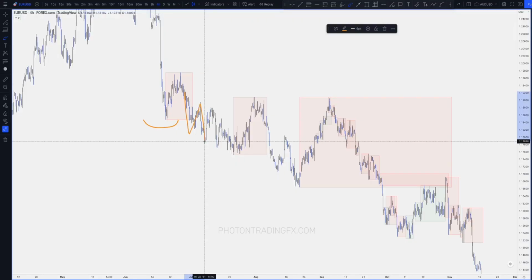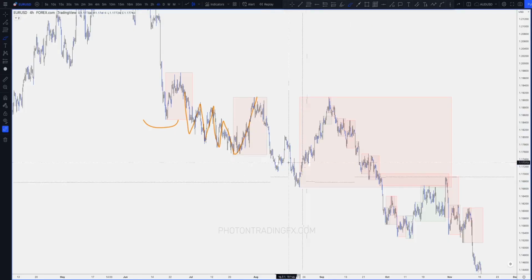Lower low, is bullish there. Ends up being a on the 4 hour chart. Back to mid bearish again. 4 hour lower high, lower low. And then we switch bullish.